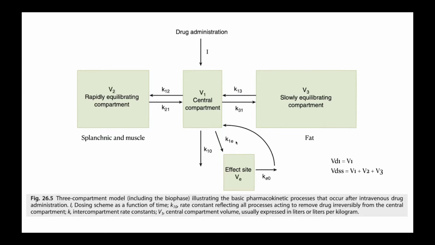And that goes back to the idea that the effect site is such a small compartment that what determines the time to equilibration and time to peak effect is not the transfer of drug from the central compartment to the effect site, but rather the elimination rate constant. But there is a relationship between these two, okay? But just know that K1E is not represented in any of the models.